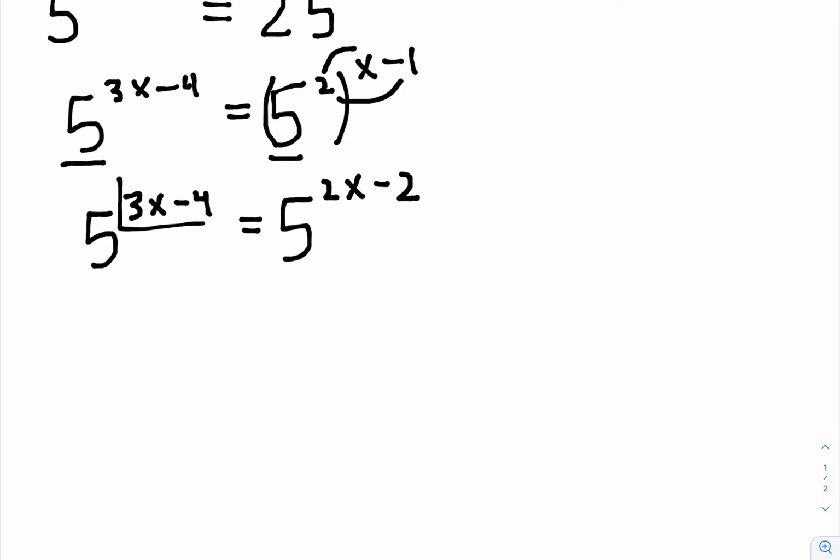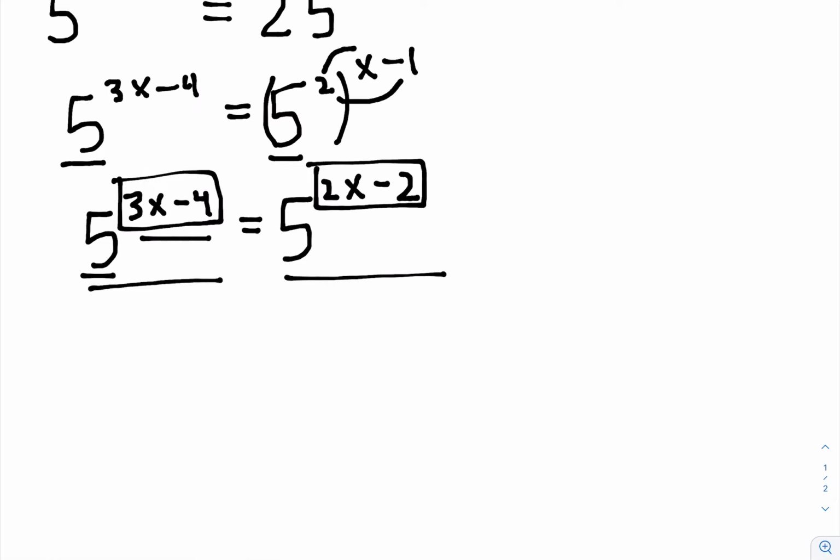So even though it's written kind of differently, 3x minus 4 should equal 2x minus 2 because after all, this equal sign means a lot more than people think, right? It's saying this side is equal to this side, so that means 5 to the power of something equals 5 to the power of something else. That means that this something is the same. So we always want to try and get it in the same base on both sides, so we can just say 3x minus 4 equals 2x minus 2.